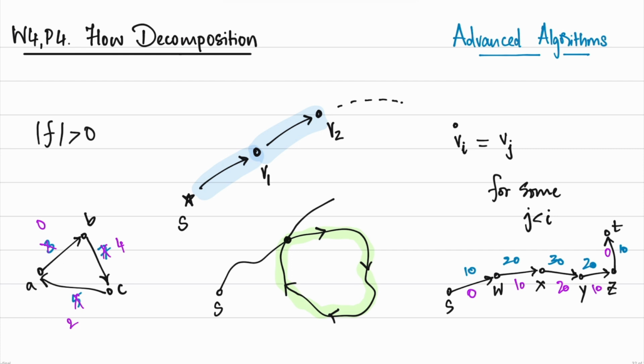So that's the ultimate decomposition. You can, if your application calls for it and it's easier to view the flow that way, you can always assume that your flow consists of a bunch of ST paths that have unit flow going through them. So that would be the notion of a flow decomposition, which I promise will be handy in the segments that are coming up.